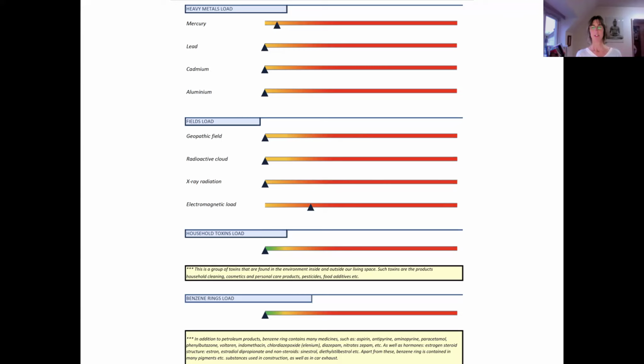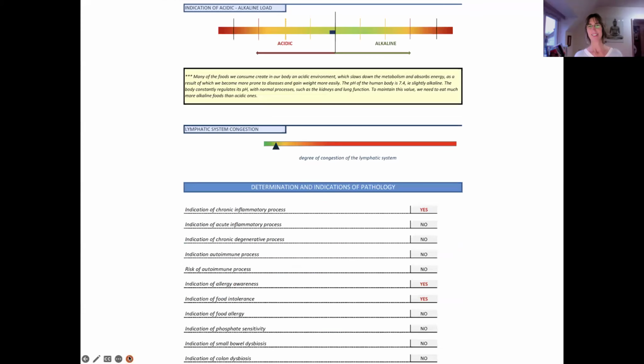If you're on different hormonal treatments, if you're working with certain paints or substances used in the building trade or construction, or if you breathe in a lot of car exhaust, so if you live on a busy main road or by a motorway, this benzene ring load can show as being higher. So again, we really want to get rid of those toxins, and thankfully we can do that with bioresonance.